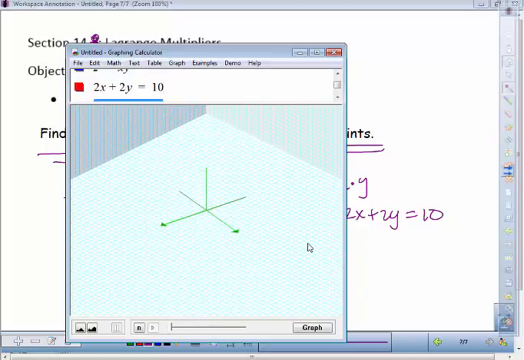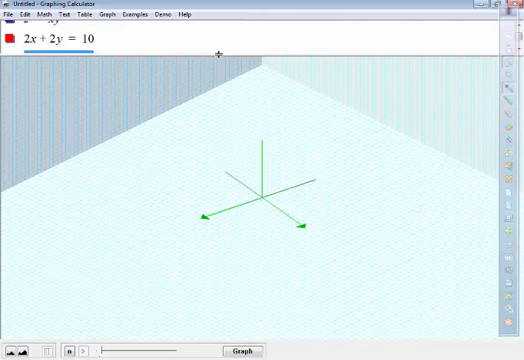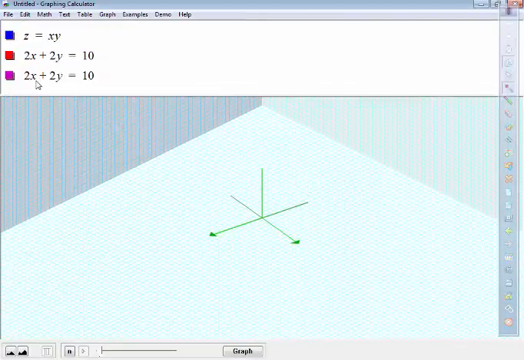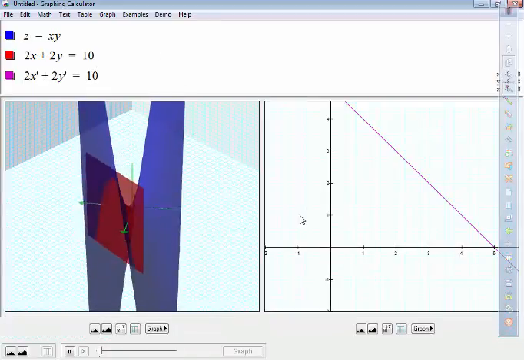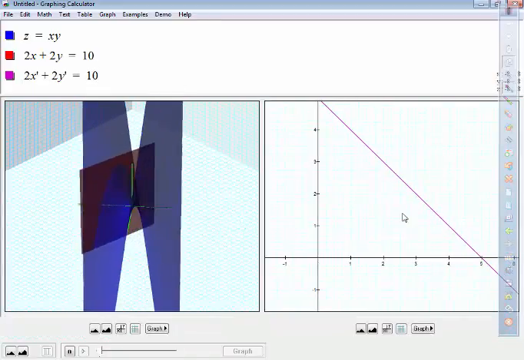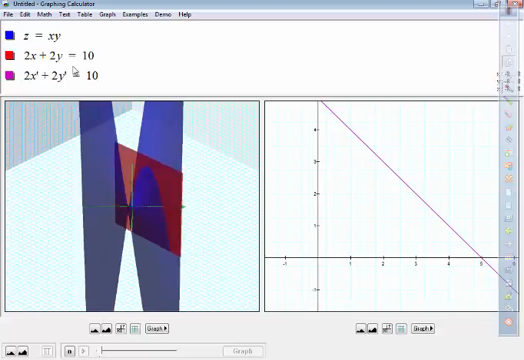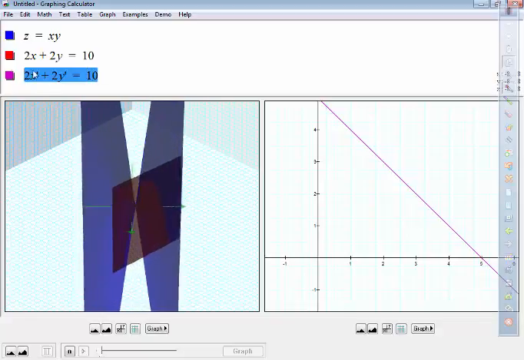How about we do a level curve? Let's see if I can do some magic here. Wait, this is kind of already a level curve, right?